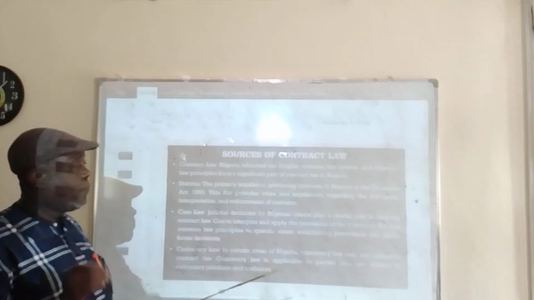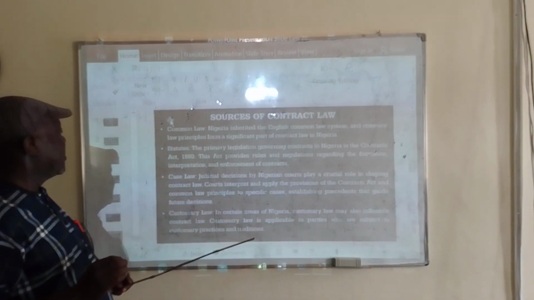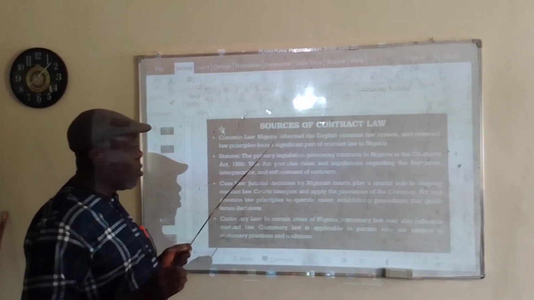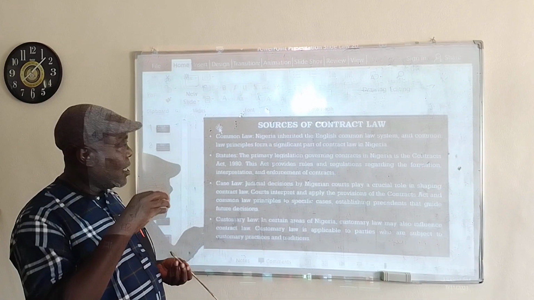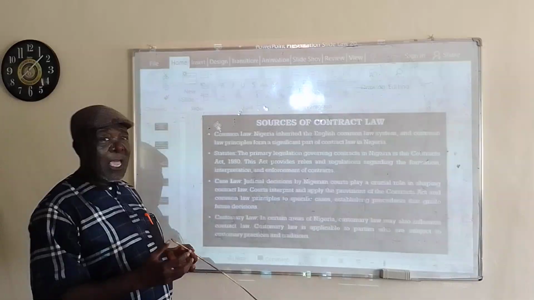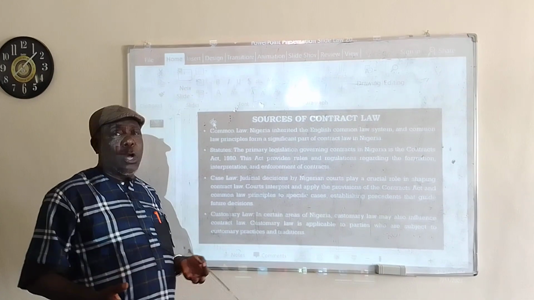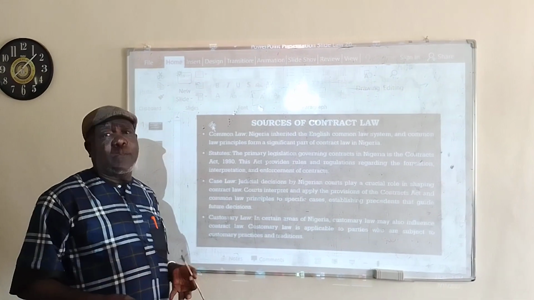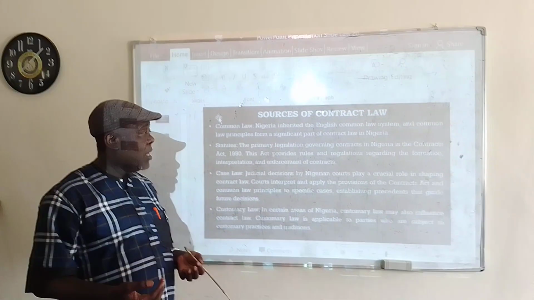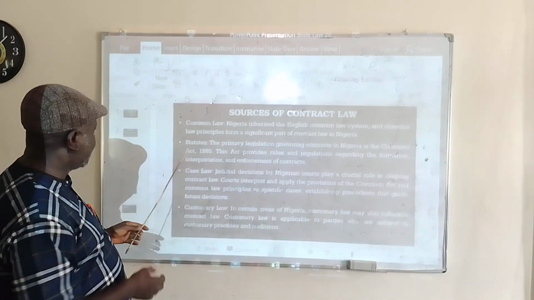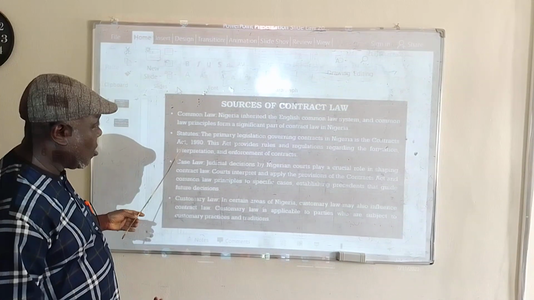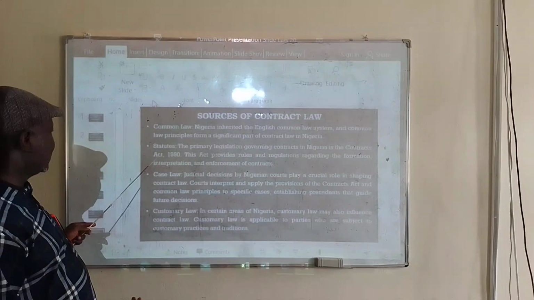So a very important source of contract law is common law. Common law is the body of laws inherited by Nigeria by virtue of the fact that we were once upon a time under English law.